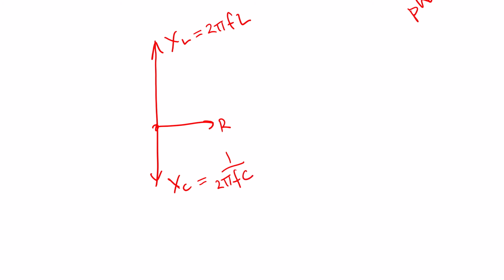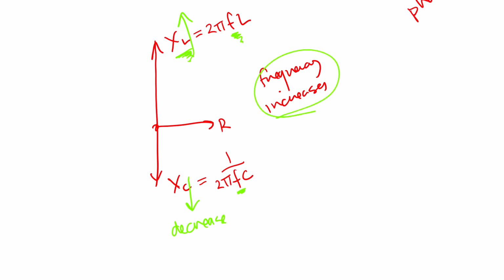We can see that as frequency increases, inductive reactance will increase and capacitive reactance will decrease. So by changing the frequency, we can change the inductive reactance and the capacitive reactance at the same time.